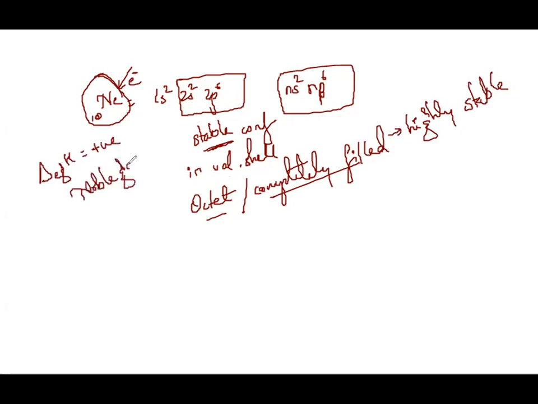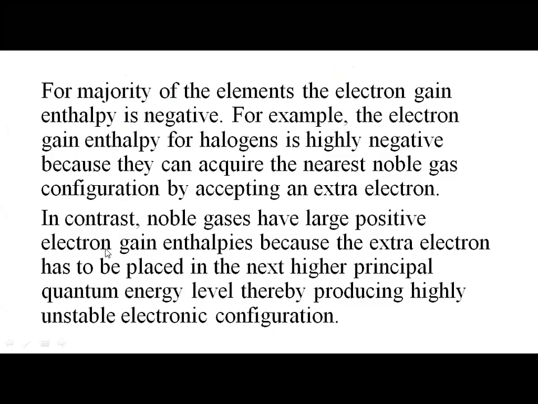Noble gases have large positive electron gain enthalpies because the extra electron has to be placed in the next higher principal quantum energy level, thereby producing a highly unstable electronic configuration. Is that clear?